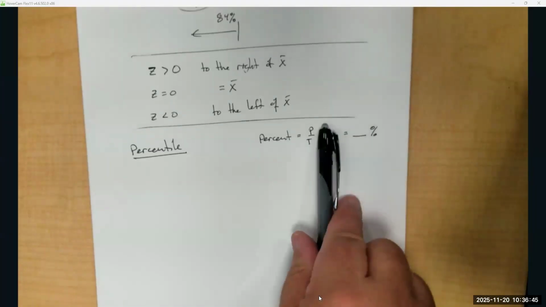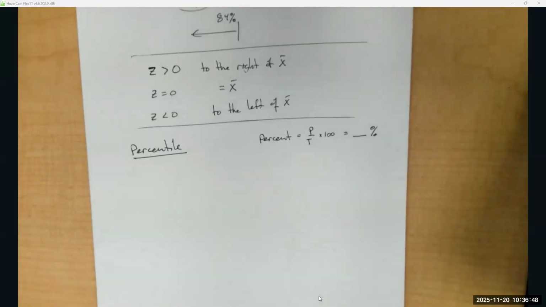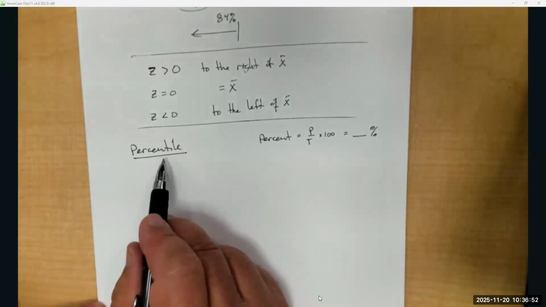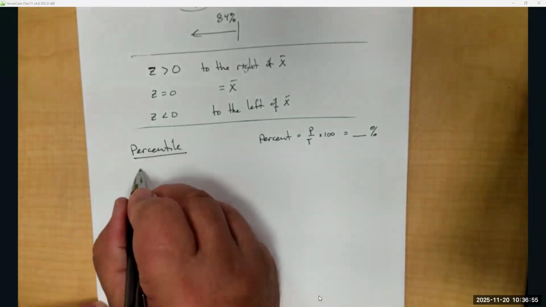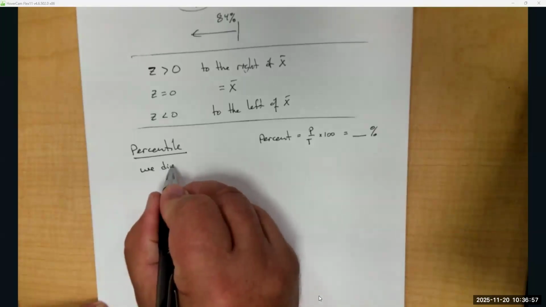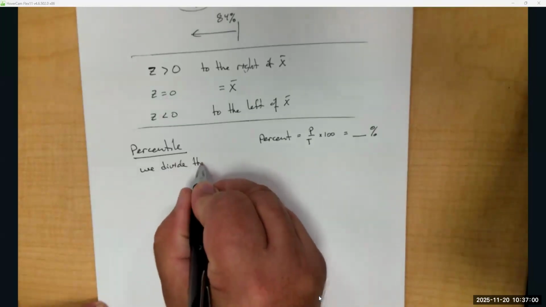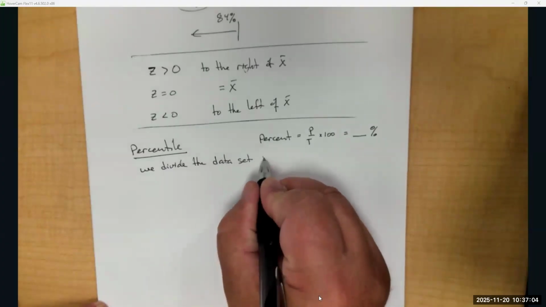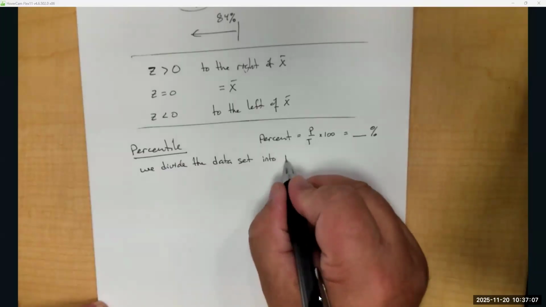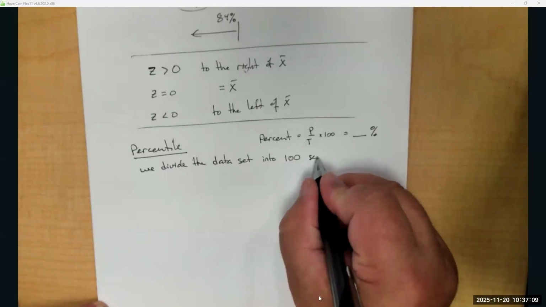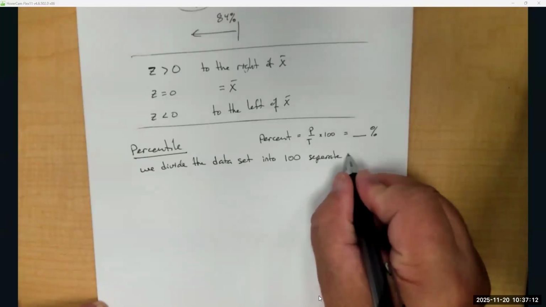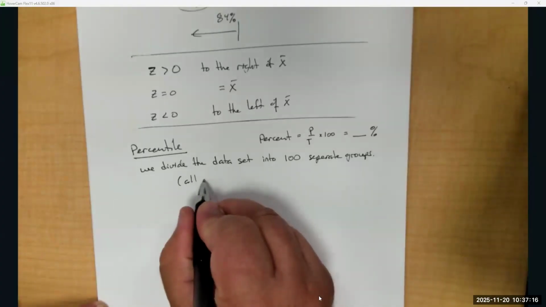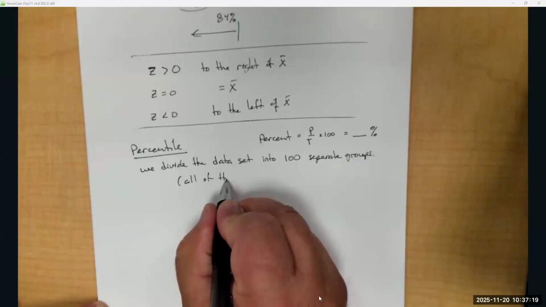If we didn't have the 100 there, then we'd just have some decimal. So a percentile is just that. We divide the data set into 100 separate groups, all of the same size.